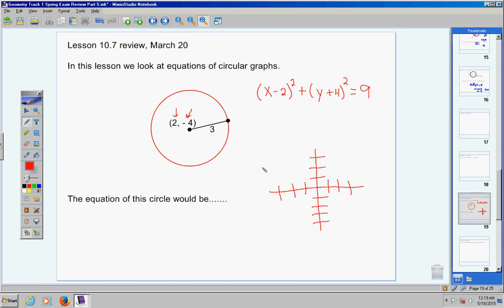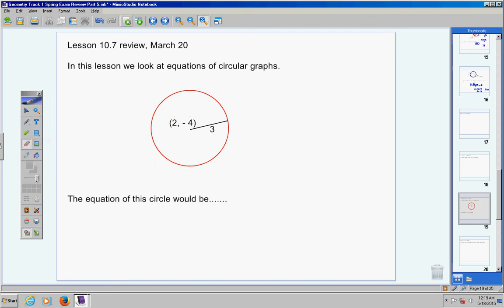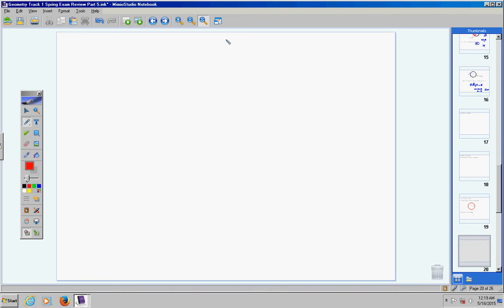Now, I might also ask you to graph a circle. What if I gave you this equation? I said graph it. Alright, well, first of all, we know the center of the circle is what?